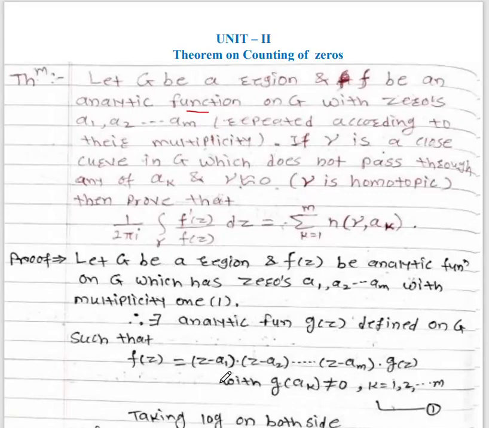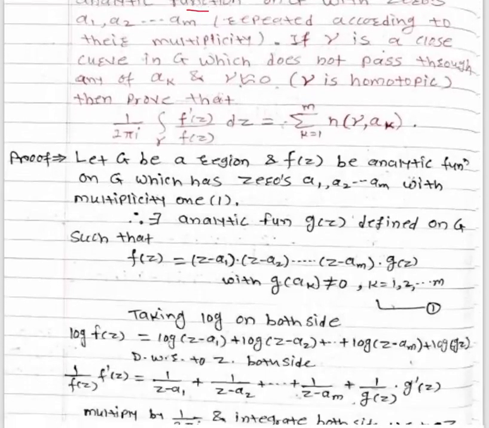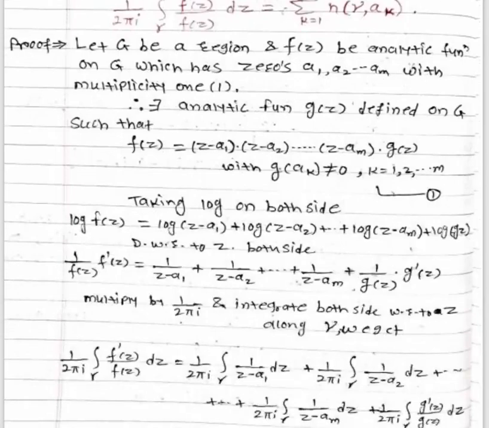So by using the definition of an analytic function with multiplicity m, we can define this other function. Now we will take the log on both sides of equation number 1.